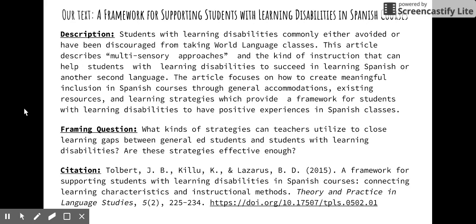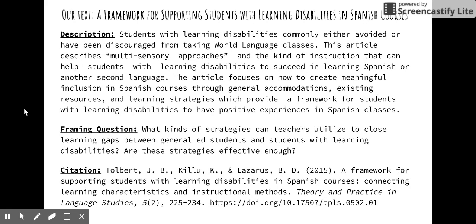And so this article walked through some of the approaches and strategies that teachers can implement to help students with learning disabilities succeed, and this article focused specifically on Spanish classes or even any world language class. The article started with just general accommodations and then moved on to more specific strategies.